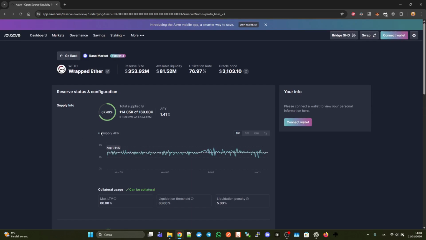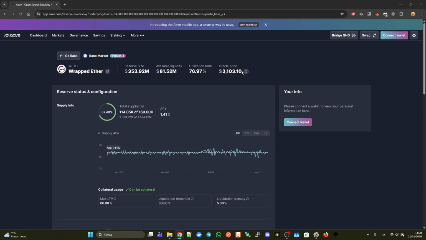Here it gives us all the details about Ethereum. So here we can find a bunch of metrics. First of all, we have the reserve size. This represents all the funds deposited by the lenders, whether they are currently borrowed or not. So it is the total supplied asset at the current price.